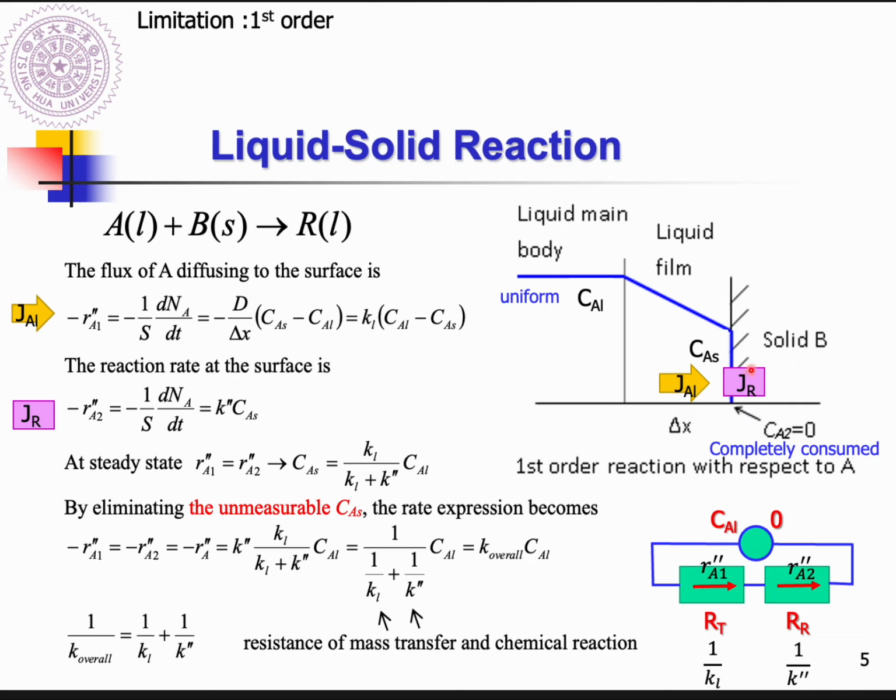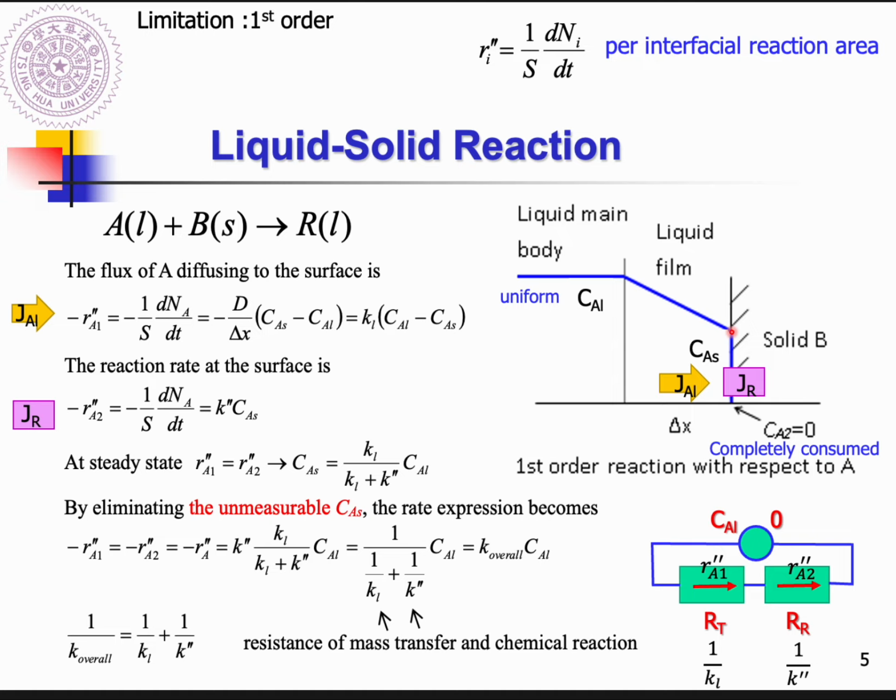Back to here, if I ask about the overall rate equation of these heterogeneous reactions, you probably will write down J_R, the consumption of reactant A per interfacial area, equals, and minus means the consumption rate, the rate constant times the concentration CAS, right?